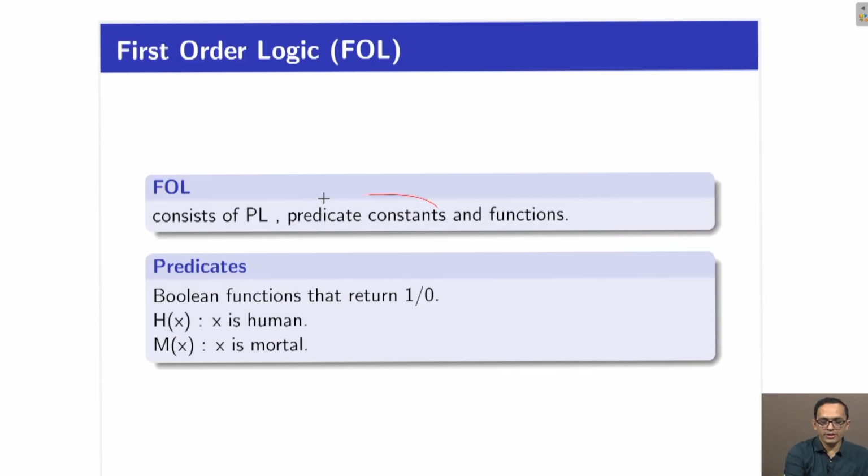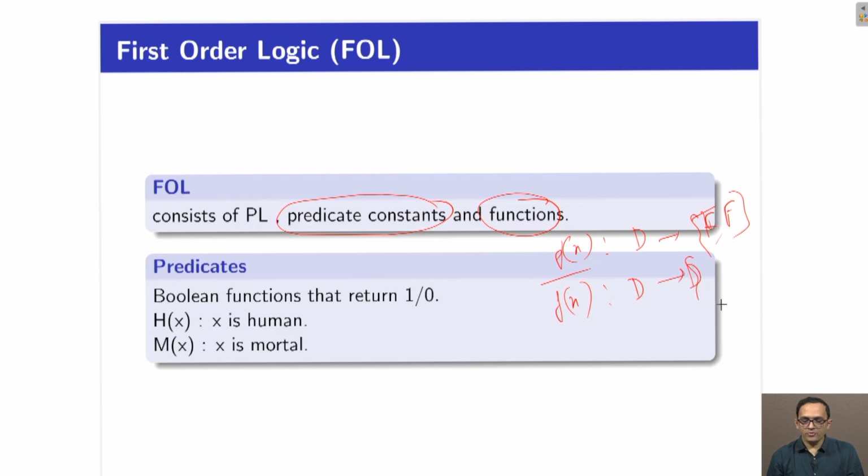Now, we will try to introduce you to first order logic. In first order logic, you have propositional logic and you also have predicates, constants and functions. At a high level, we will formalize them much later, you can have a predicate which can take some domain and map it to true or false, or you can have a function f(x) which will take one domain to another domain.